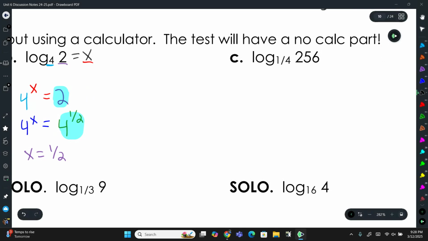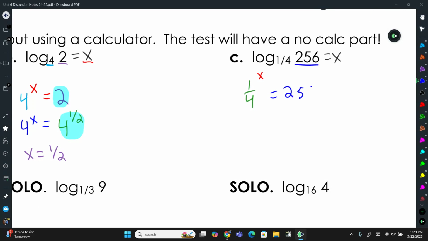All right, so this letter C, this equals x. And now we're going to have our base 1 over 4 raised to the x power is equal to 256. Okay, so I need to rearrange 256 to be like 1 over 4 raised to some power. Well, I know that 4 to the 4th power is 256.